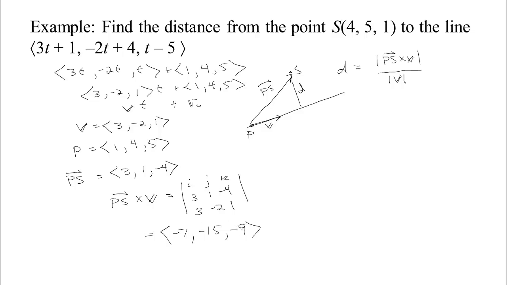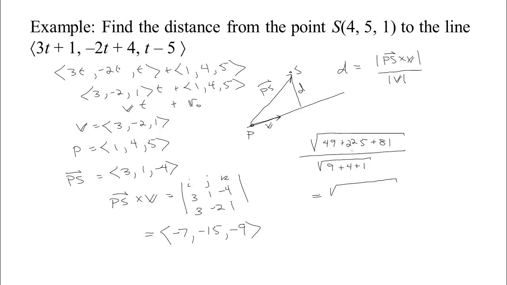Alright, so finally we just have to find the length of PS cross V. The length of PS cross V is going to be equal to the square root of 49 plus 225, 15 times 15 is 225, plus 81, all over the length of V, which is the square root of 9 plus 4 plus 1.